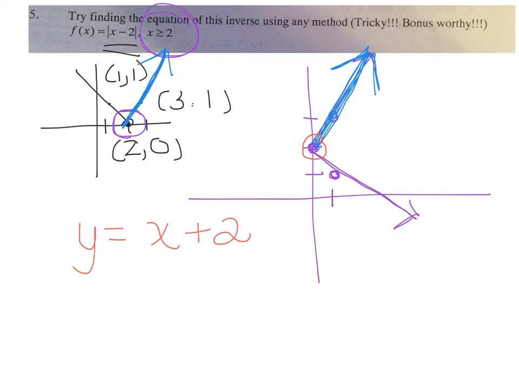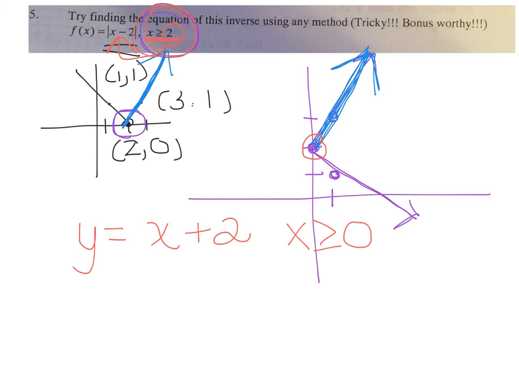And remember, we need to keep our restriction with us, but this was an x restriction. So when we plugged in the 2, I take my 2 right here and plug it into this function, y is going to be 0. So down here, we're going to put that x has to be greater than or equal to 0. Because remember, the domain becomes the range and the range becomes the domain.